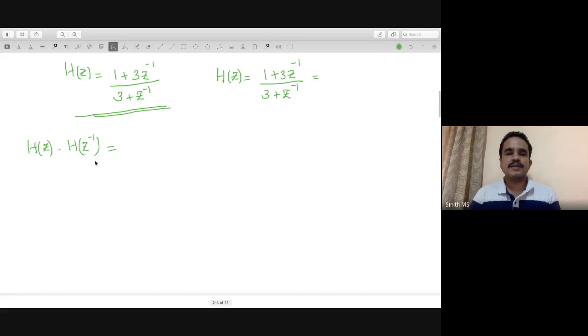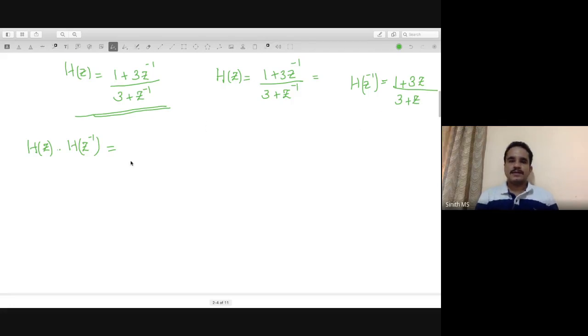What will be H(z) into H(z inverse) in this case? Let us write H(z inverse) first. H(z inverse) is 1 plus 3z by 3 plus z, since instead of z inverse, it will become z, right?